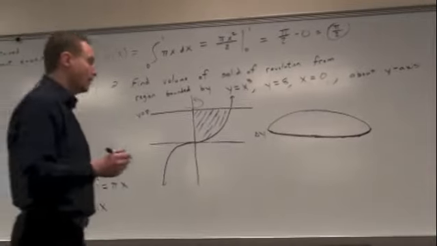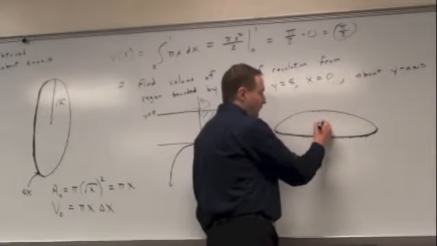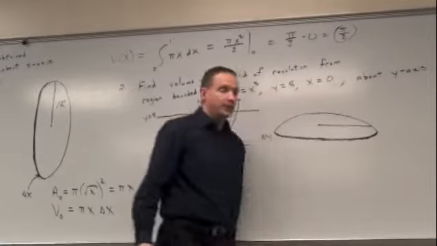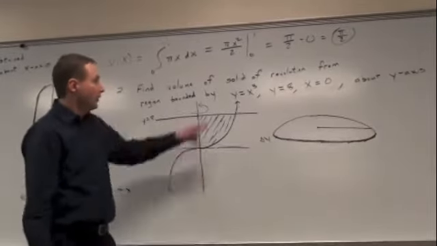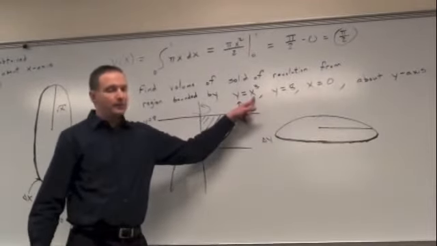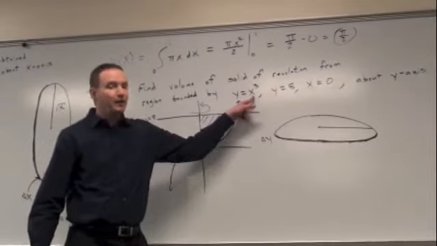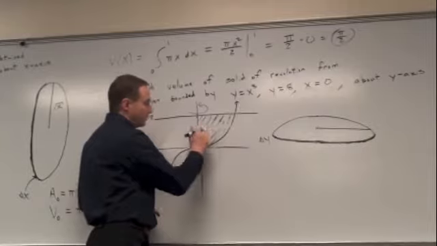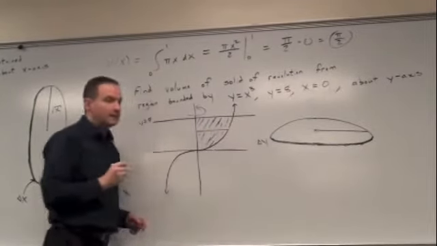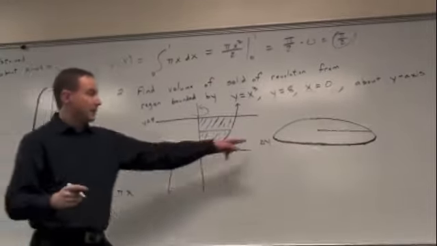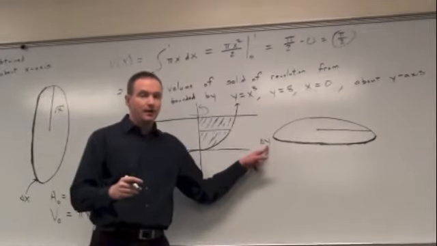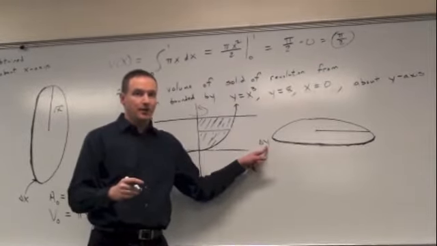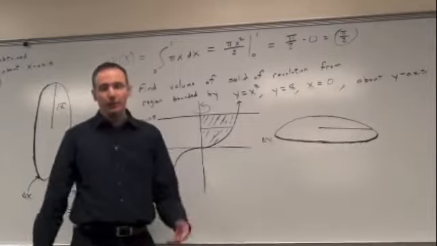So if you say, well, okay, I need you to tell me a formula for the area of the cross-section. You say, well, okay, I got it right here. Absolutely terrible. You cannot say that the radial length is x. That doesn't work. Why doesn't it? You have to give it to me in terms of y. Because that's the thickness of your cross-section. So you say, well, that's no problem.